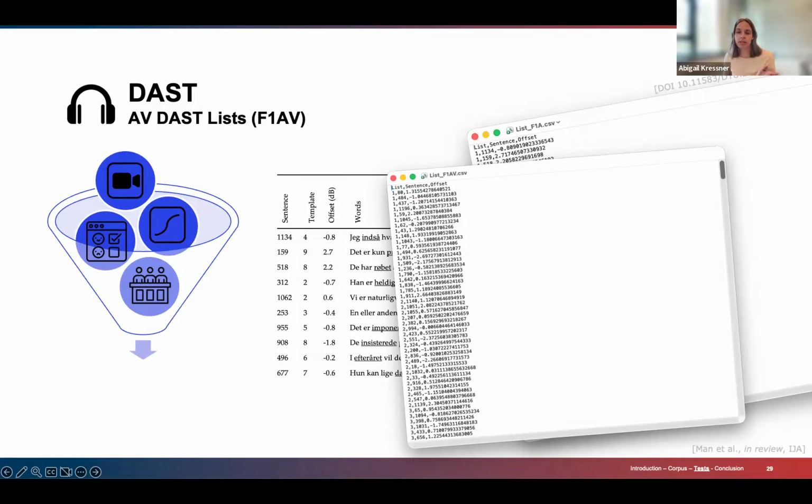So this set of lists is containing 32 instead of the original 44. The outcome, though, is a dedicated set of lists that are specifically optimized to allow for testing in both audio and audio-visual modalities, while still maintaining the same principles for list equivalence and controlled difficulty.